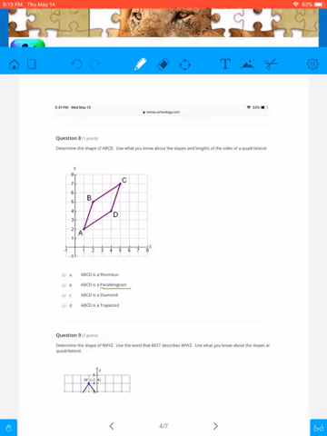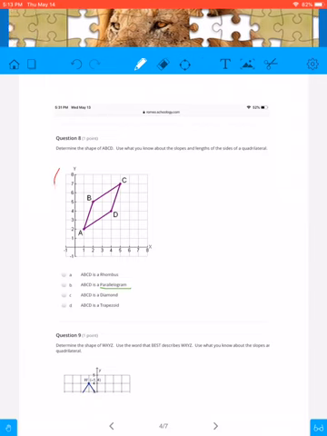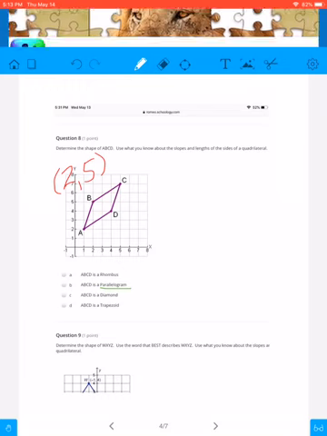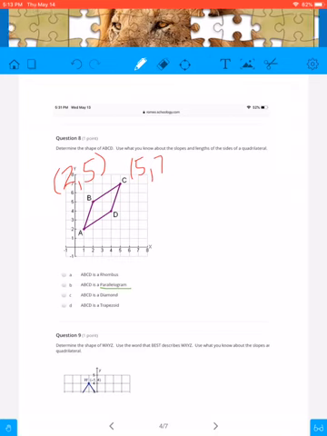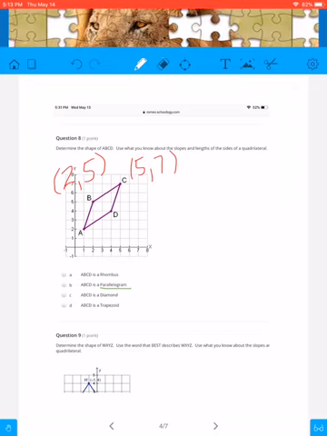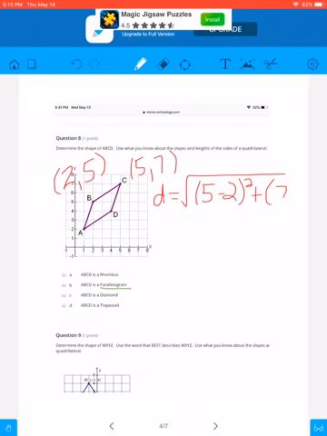The coordinate for B is 2, 5. And the coordinate for C is 5, 7. And if we find the distance between those 2 points, we have to use the distance formula. So the distance formula is 5 minus 2 for the x-coordinates squared plus 7 minus 5 for the y-coordinates squared.